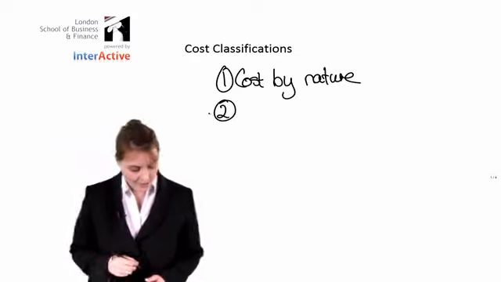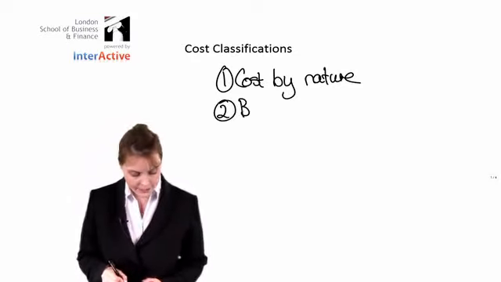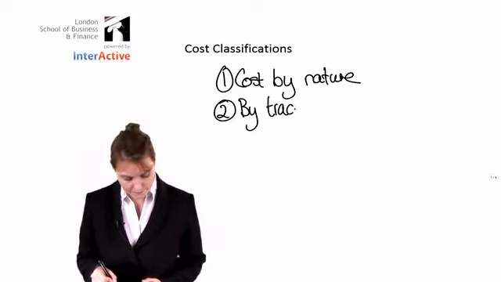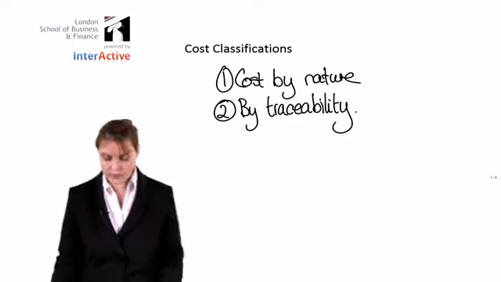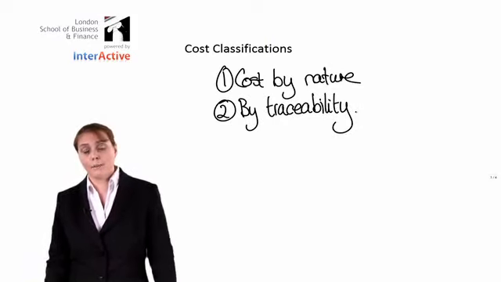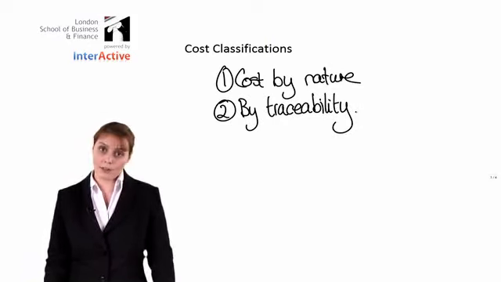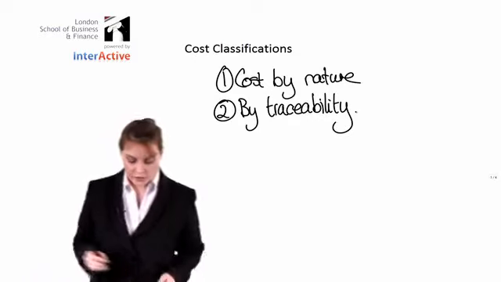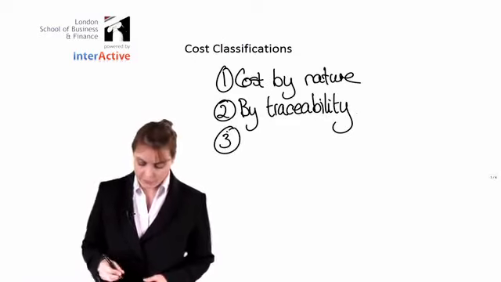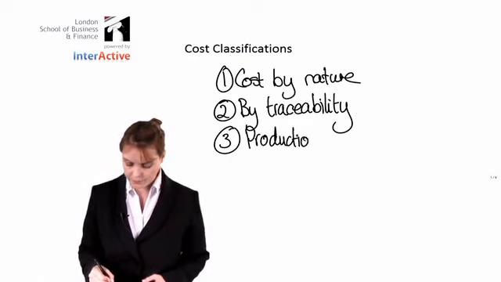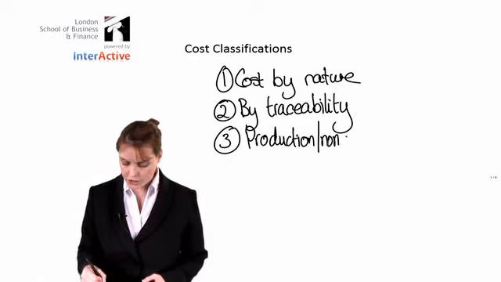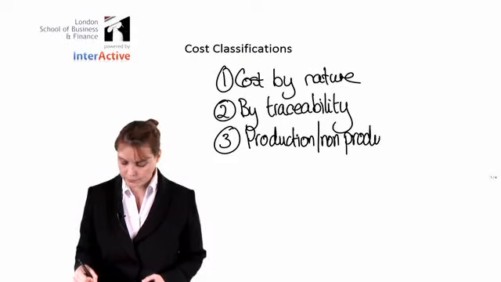The second classification will be by traceability. This sounds a bit complicated. Really, it's not. Our third classification will be to split our costs between production and non-production costs.